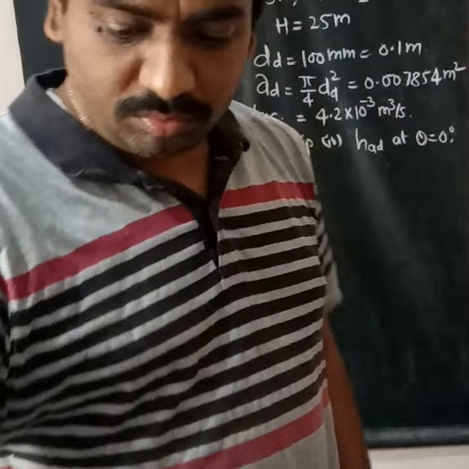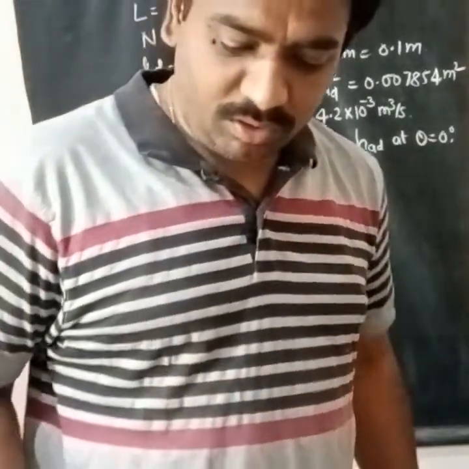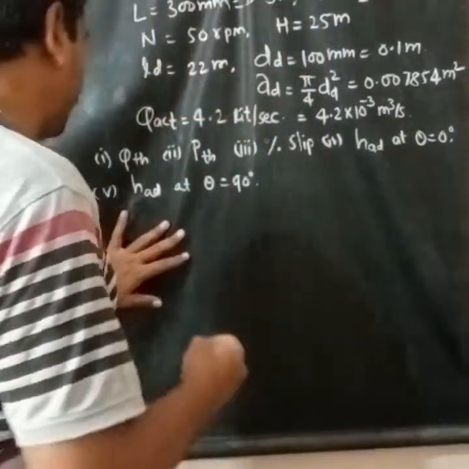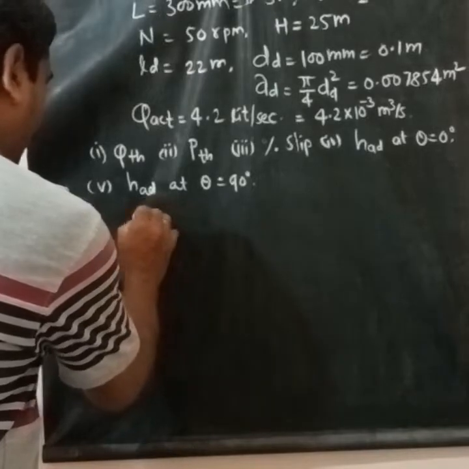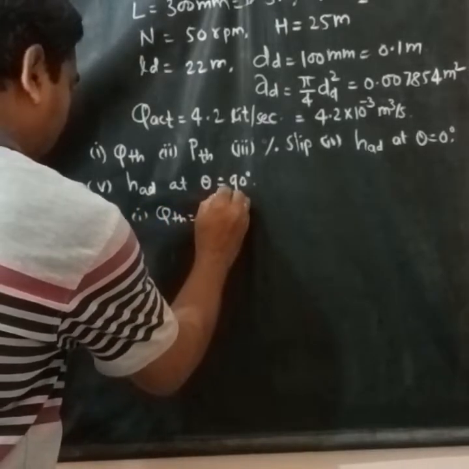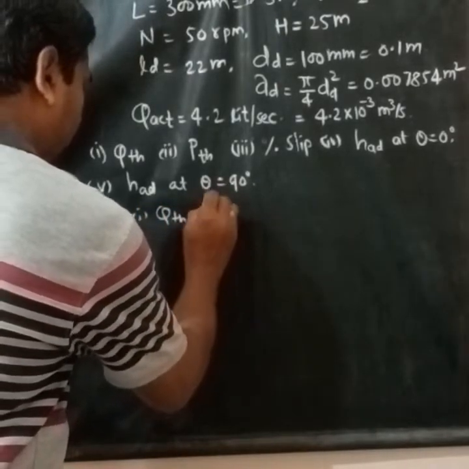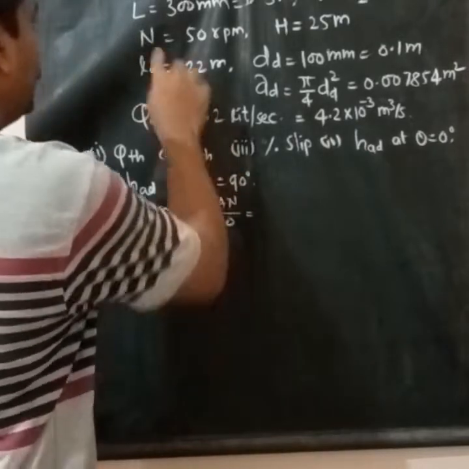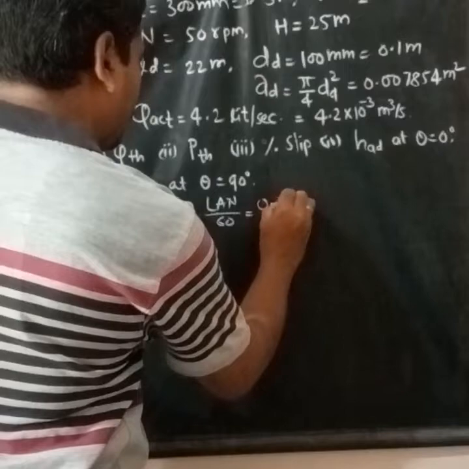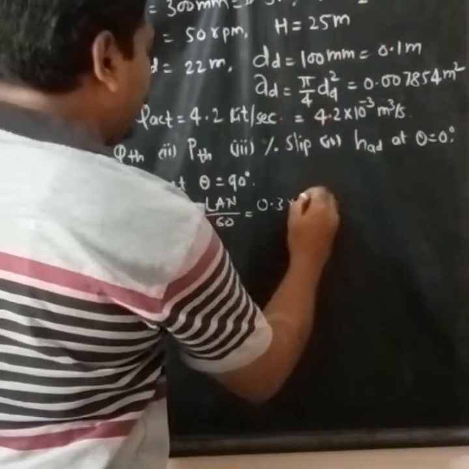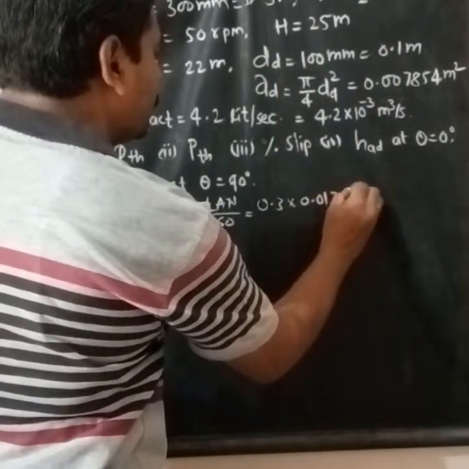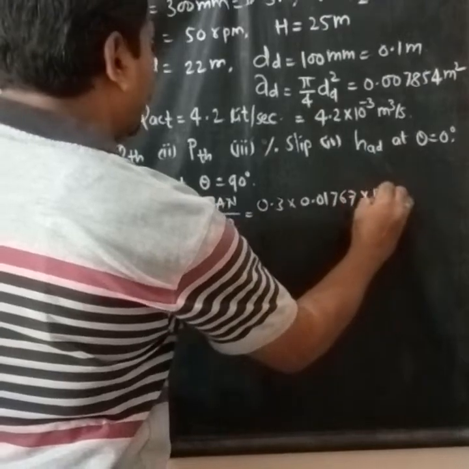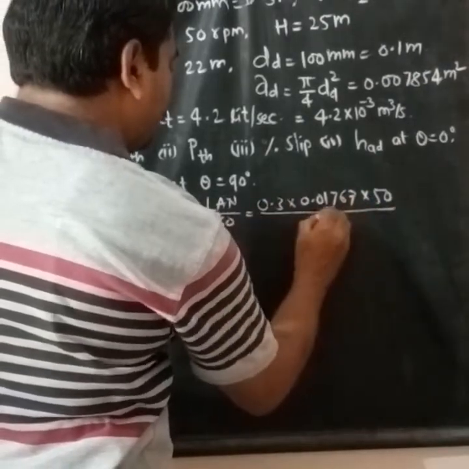Let us try to obtain the QTH first. QTH equals LAN by 60, where the length of stroke is 0.3, multiplied by area 0.01767, into n, that is 50 rpm, divided by 60.